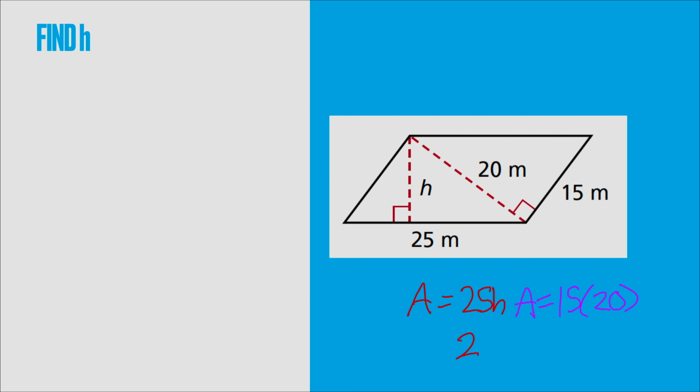That means that 25h is equal to 15 times 20. Well, 15 times 2 is 30, times 10 is 300. This is almost the answer. So we have to then divide by 25. 25 goes into 100 4 times. 4 times 3 means that our height is 12 meters.